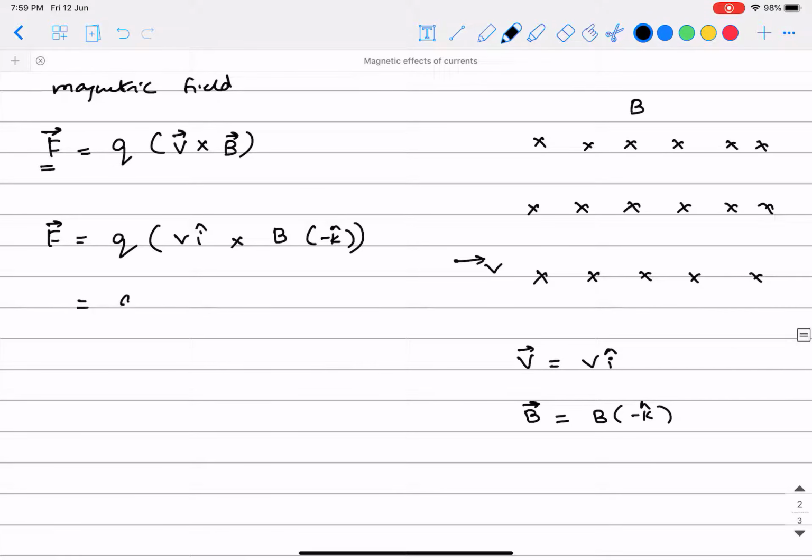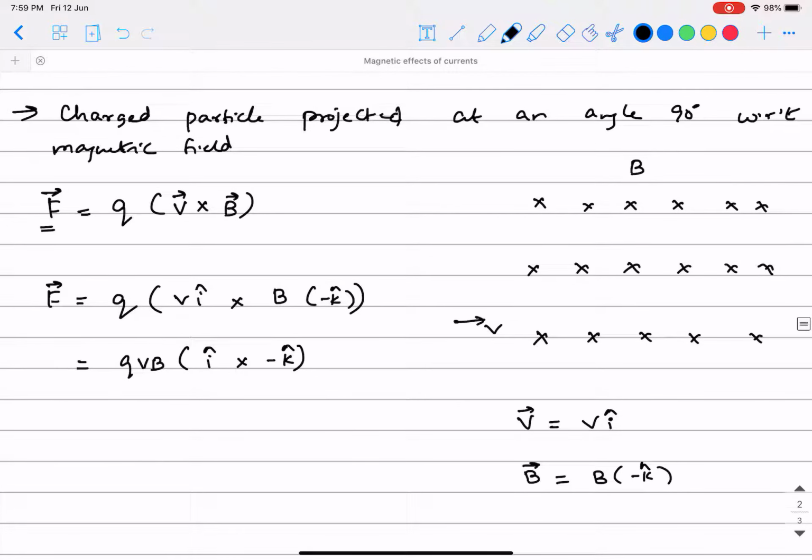So this is going to be q into v into B into i cap cross minus k cap. Let's recollect the concept: if I have i, j and k, i cross k is going to be minus j. But you already have a minus sign, so it will be qvB into j cap.